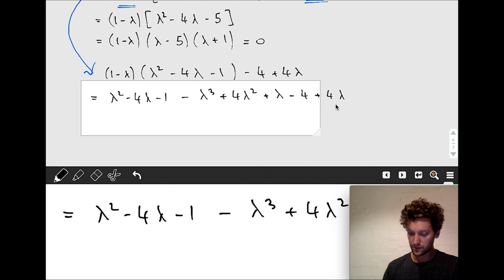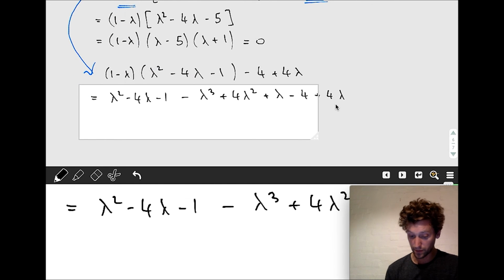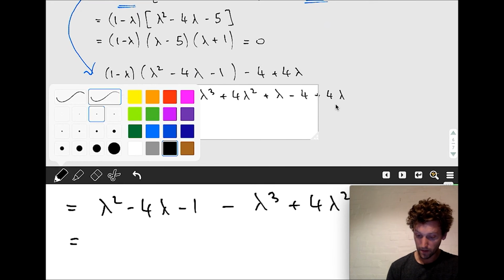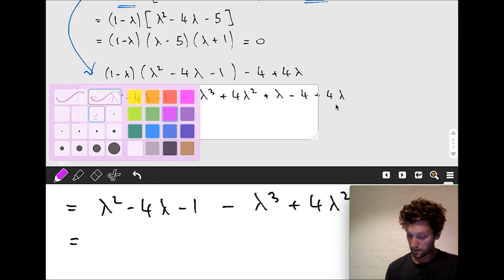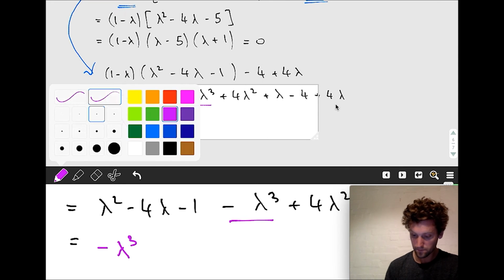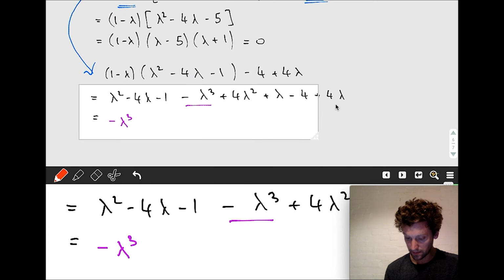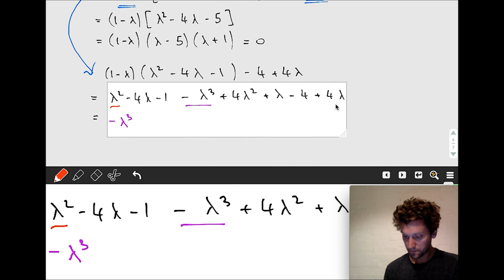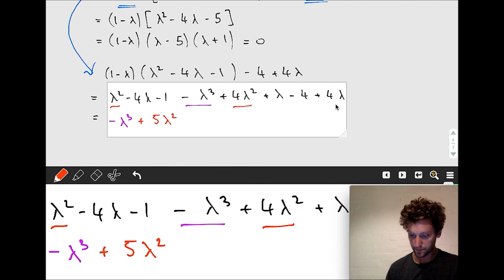So let's gather together my terms here. I've got minus lambda cubed. I've got lambda squared and a 4 lambda squared, so I'm going to have plus 5 lambda squared.